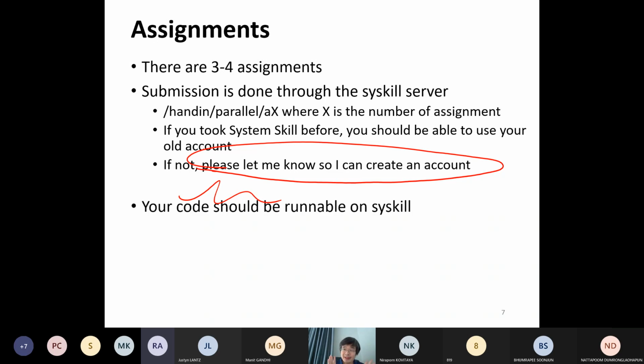Your code, we set it up such that you can develop on your IDE locally on your machine in any way you want. But one extra thing that I would really need to ask this semester, because we have a lot more students, is that your code should be runnable on SysQ. What do you mean by that?